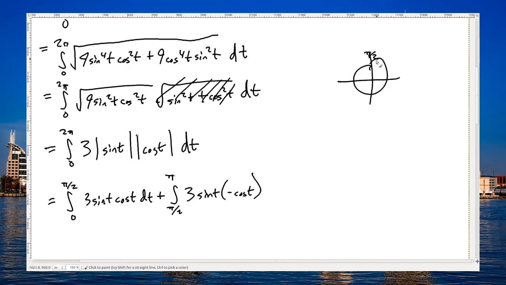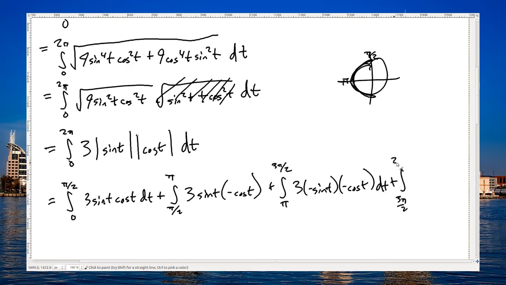From pi over 2 to pi, the x values are negative, so to make it positive, we have to multiply it by a negative. And then we just keep on going here. From pi to 3 pi over 2, they're both negative. And from 3 pi over 2 to 2 pi, the last leg of the journey, the cosine's positive, but the sine is negative.